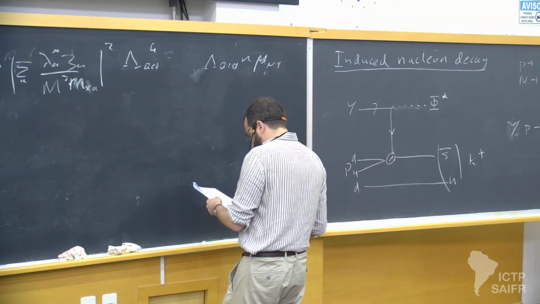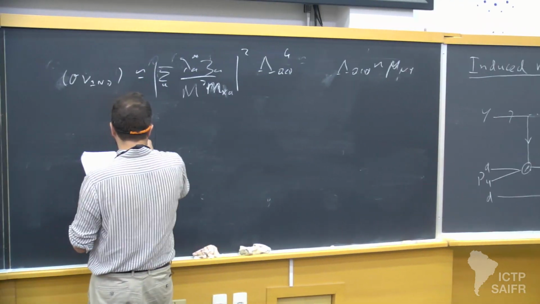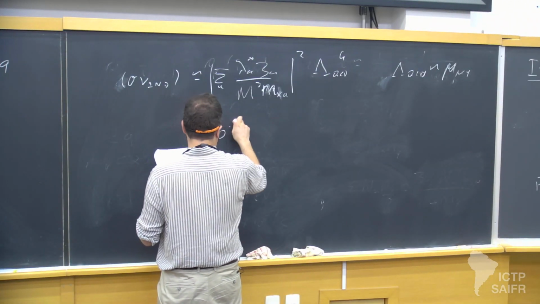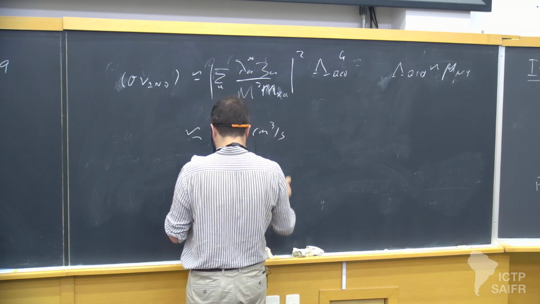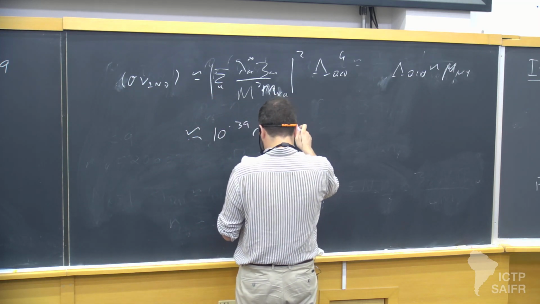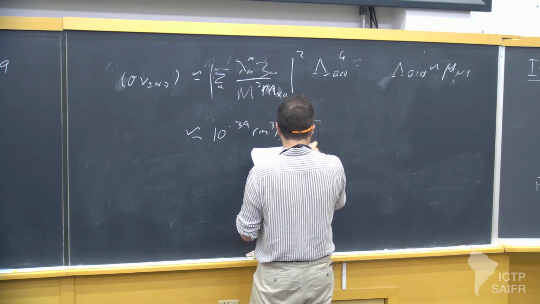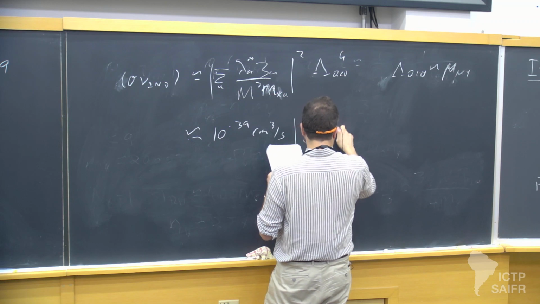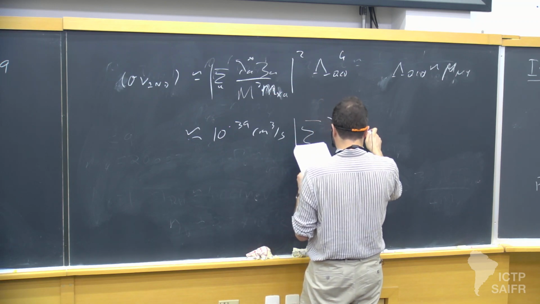So this turns out to be about 10 to the minus 39 centimeters cubed per second, if you normalize this to the TeV scale. So this is why they're interested in the TeV scale.